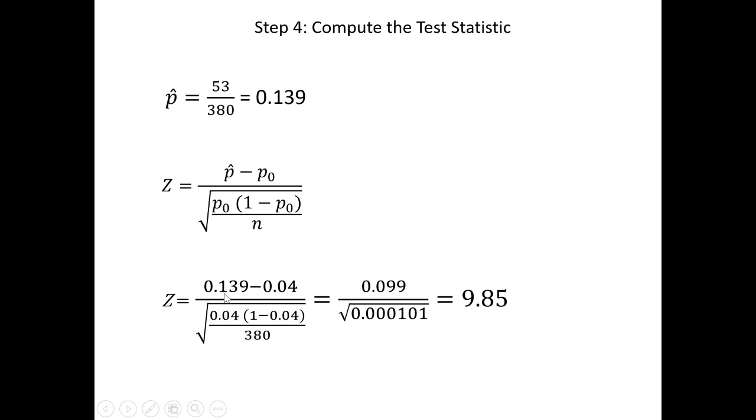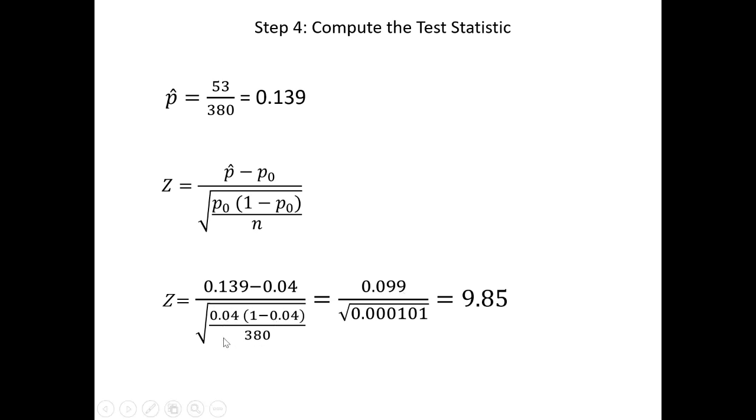Examining the top, we see that our sample proportion was indeed a little higher than 4%, than 0.04. So we have a positive difference. Yes, in this study, the proportion who quit successfully was greater than 0.04. But is it significantly above 0.04? That's what we want to know.